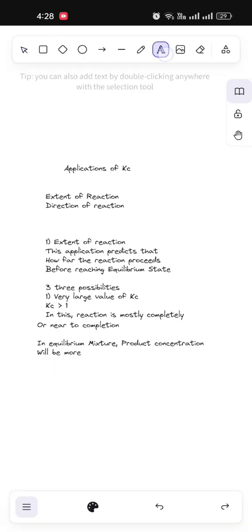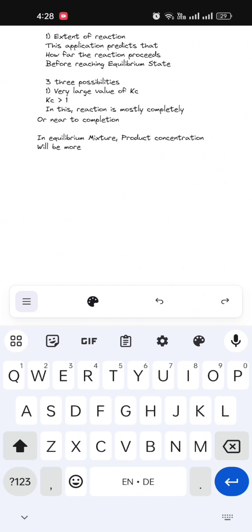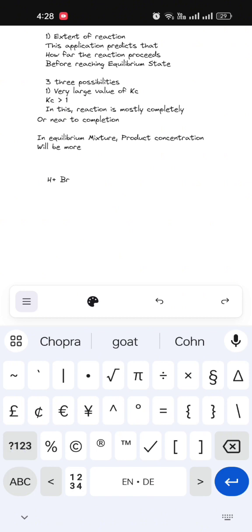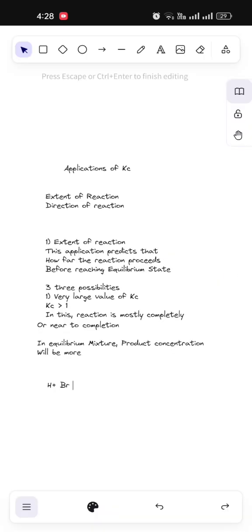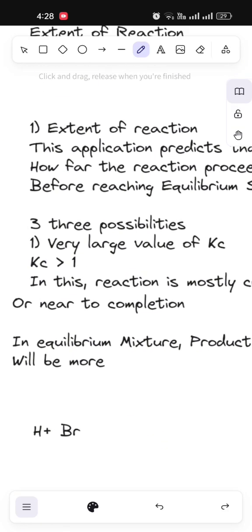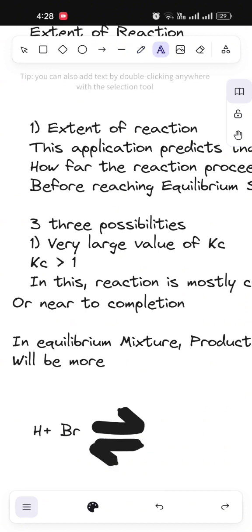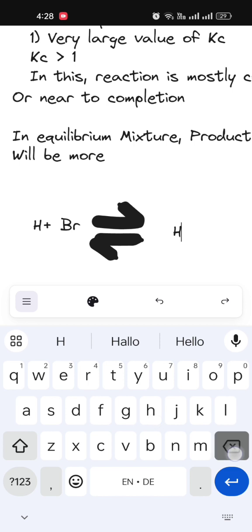Now suppose a reaction H plus Br, and consider it a reversible reaction.